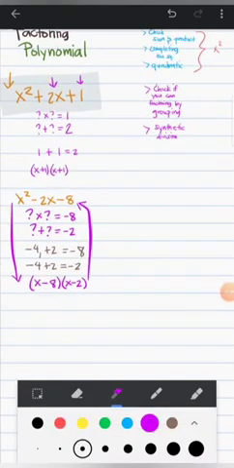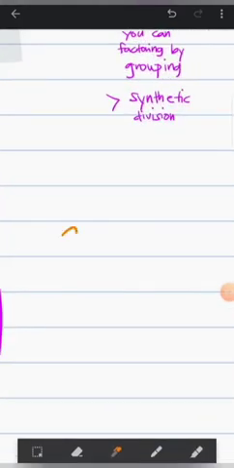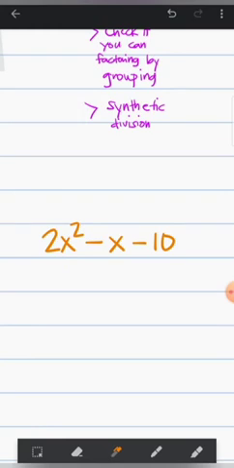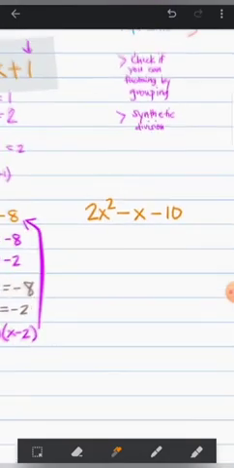So our next example is this one. 2x squared minus x minus 10. So go ahead, pause this video and try it yourself if you can get the factors. So are you done?